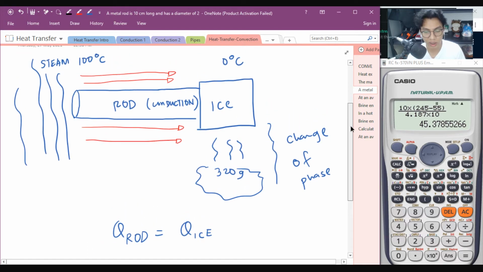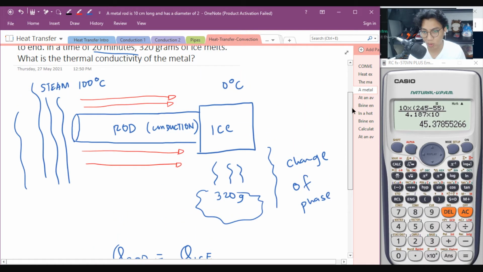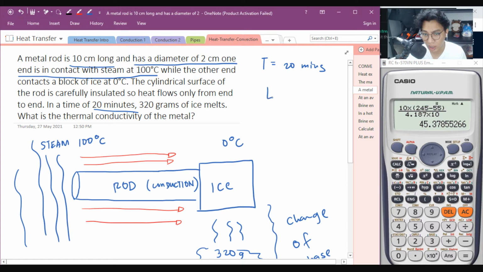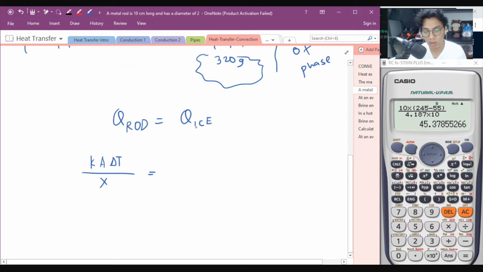How much energy you need to apply in order for you to change ice into water? Di ba sinasabi ko yan kanina? The latent heat of fusion. That is 335 or 334 kilojoule in every kilogram of ice. So, ibig sabihin, this is the heat transfer, m of ice times the latent heat. May cp pa bang ice? Wala. Binigay naman dyan yung heat of fusion, latent heat of fusion ng ice.